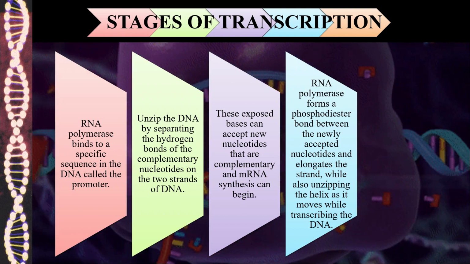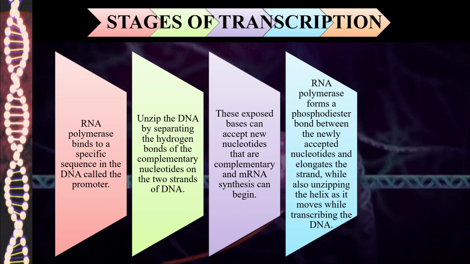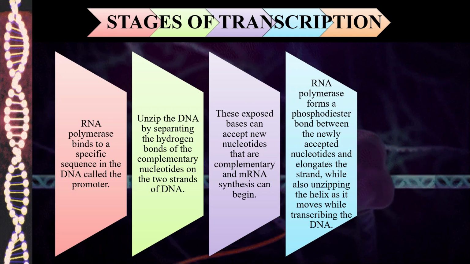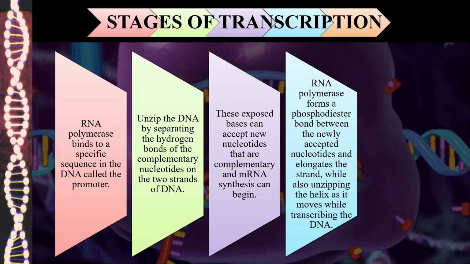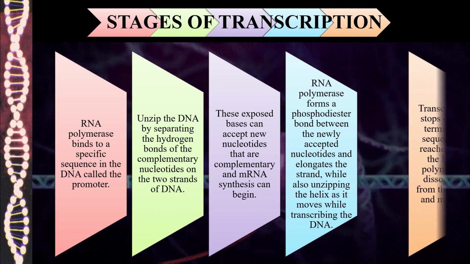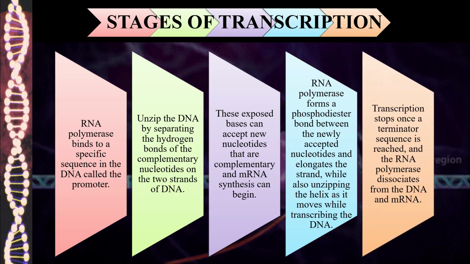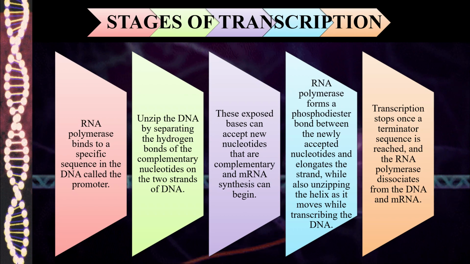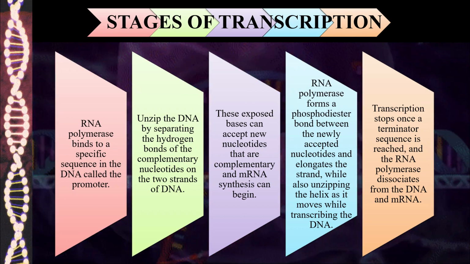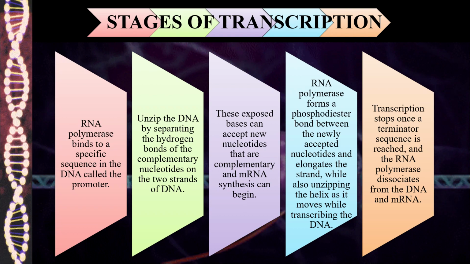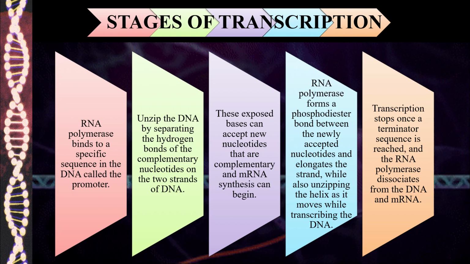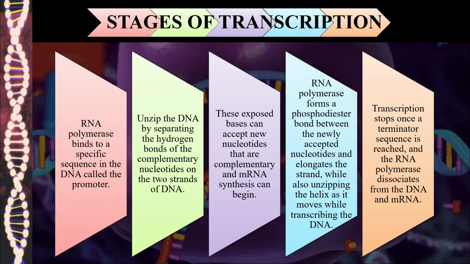RNA polymerase will keep on adding the nucleotides by phosphodiester bonds, and it will keep on unzipping and move forward following the elongation step. And then finally the specific sequences will come, which will lead to the dissociation of the RNA polymerase, and the fully synthesized RNA will be released. These sequences are known as the terminator sequences.